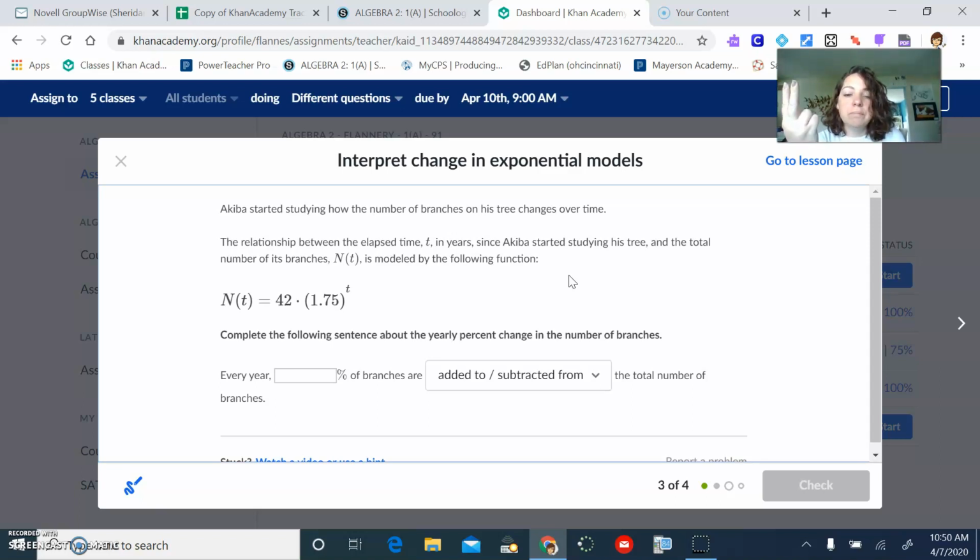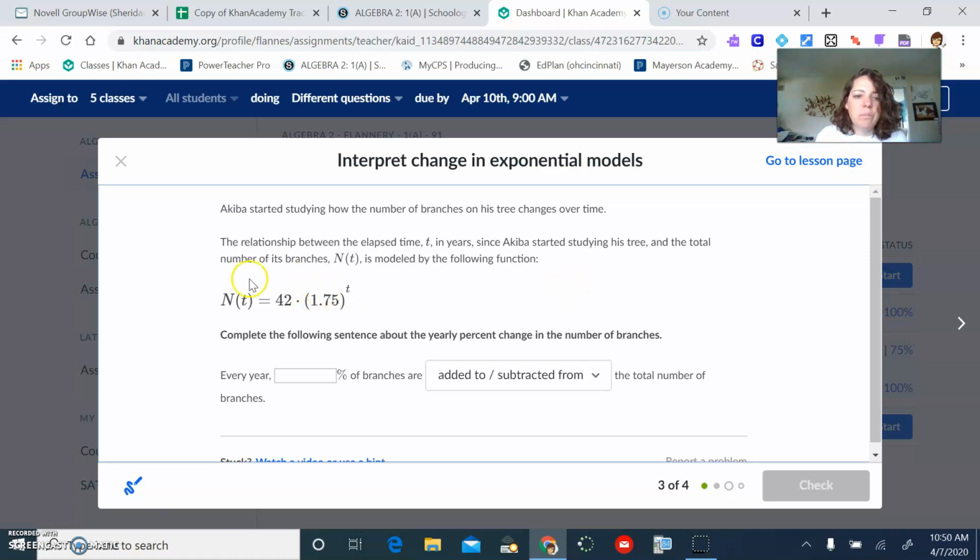Number two, a lot of money and population and different things like that are exponential models. Number three, COVID. They use a lot of exponential models for describing what's going on with the coronavirus right now. So it's all super relevant.